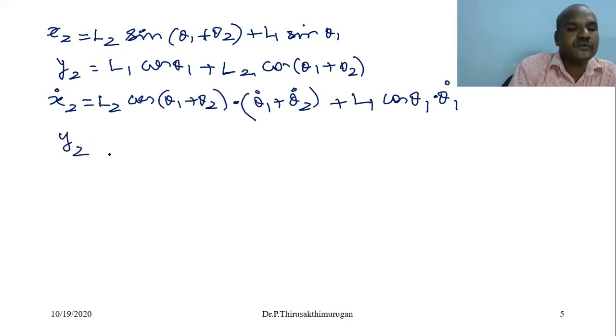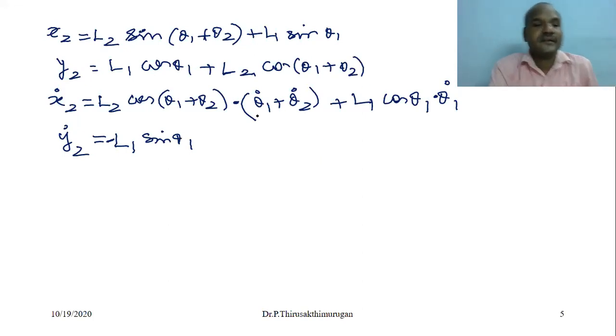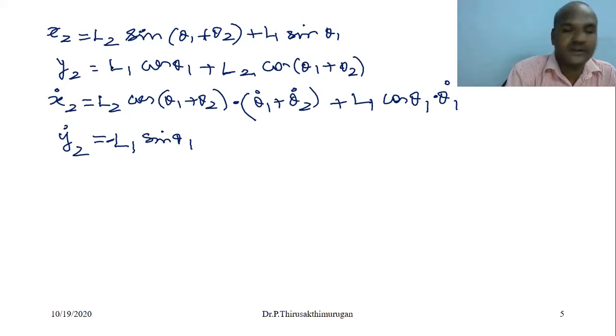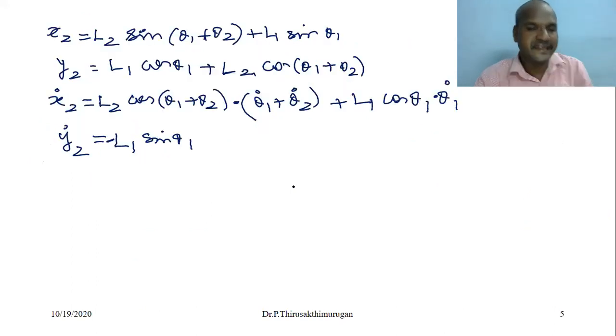Similarly, y2 dot equal to minus of L1 sin theta 1. Sorry, here also I forgot, this y2 is also in the downward direction, so we should put minus here.